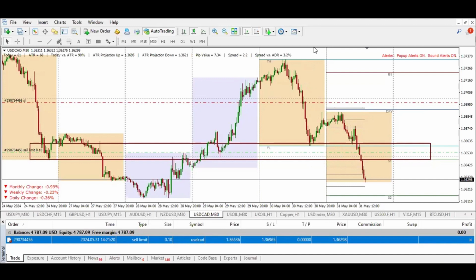Now, why is it important that I do it like this? You must understand that when it comes to setting stop losses, it's a way of limiting your risk. Limiting your exposure, fine. But you do not also want to be too close to your entry price, all in the name of trying to set a stop loss.